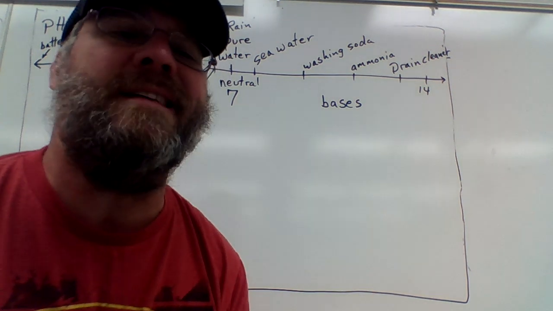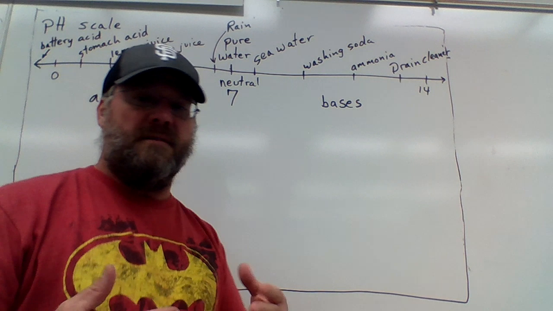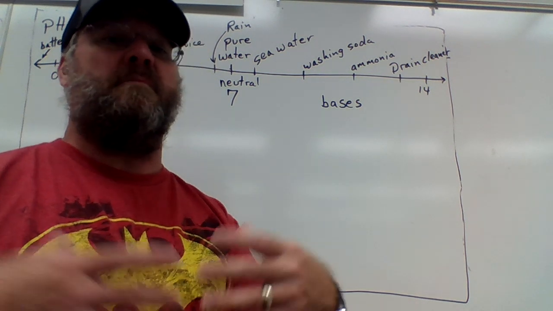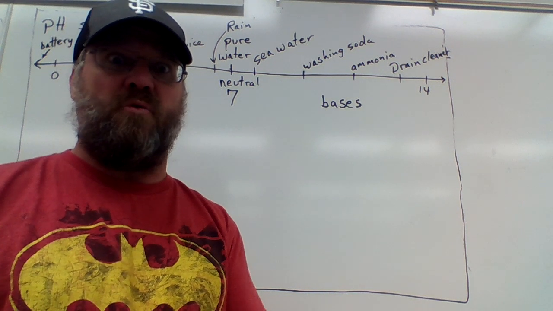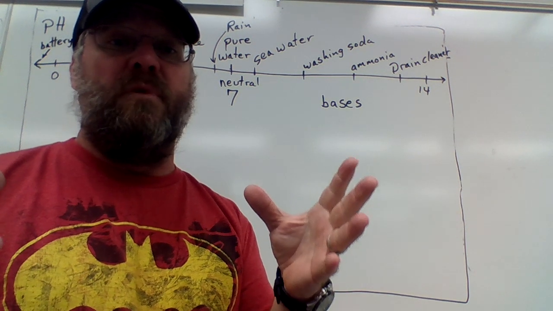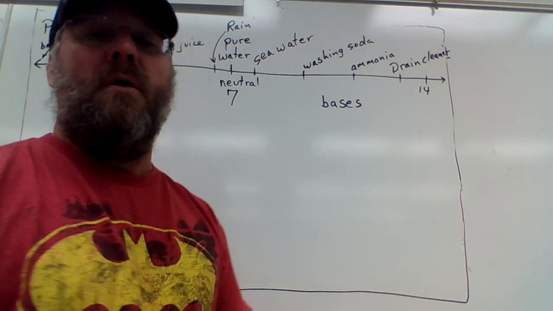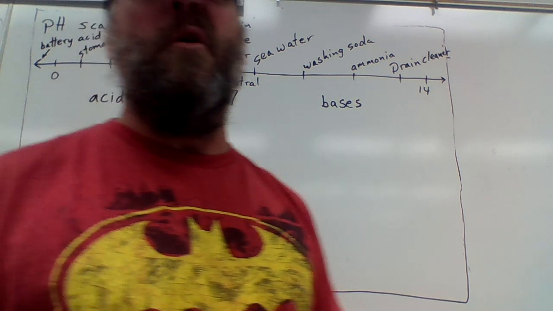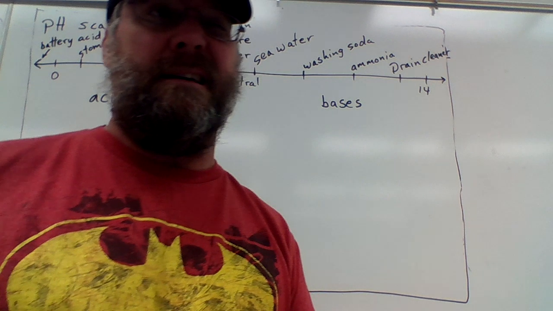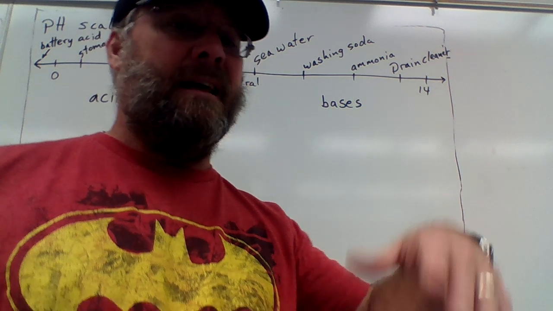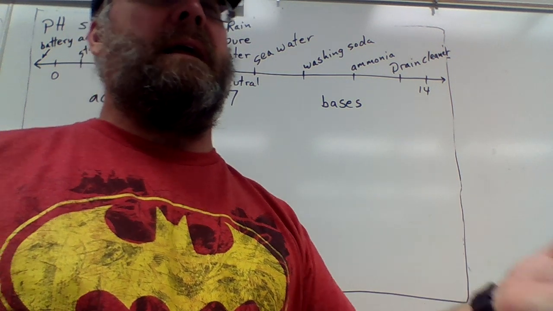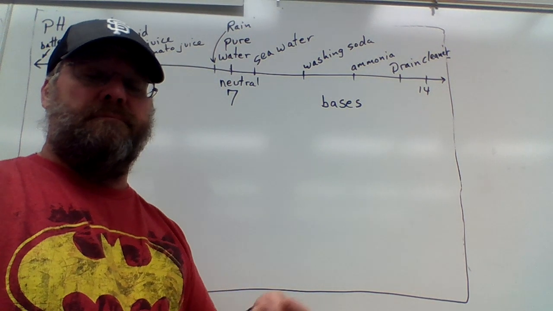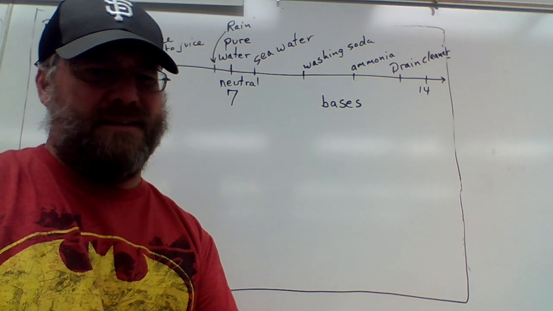Well, 0 to 14 is our most common substances, but there are some very powerful acids and some very powerful bases that will go below 0 or above 14. I think the highest known base will get you to something like a 17, and then you can get to around a -2 or -3 for acids, but very rare substances.